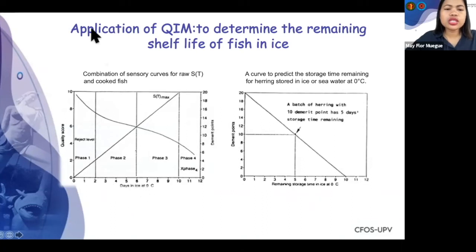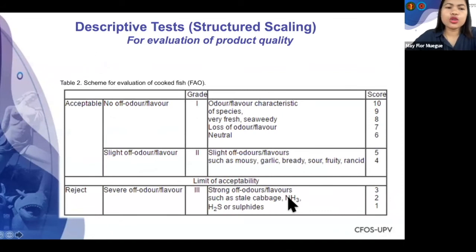So you use this information to make this graph for you to be able to predict the remaining days in ice of your sample. So ganun yun. This is very useful. Ayan. So this one shows the scheme for the evaluation of cooked fish. Okay.